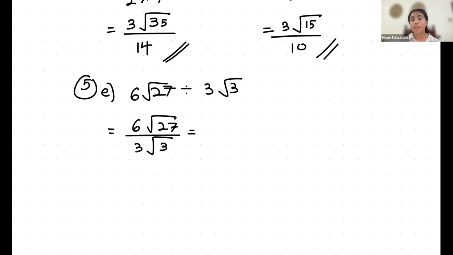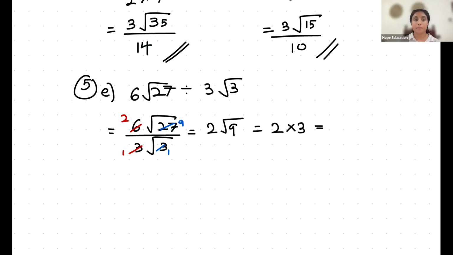You divide the number outside separately, and divide the number inside the square root sign separately. Outside, 6 divided by 3: 3 times 1 is 3, 3 times 2 is 6, so outside we are left with 2. Inside, 3 times 1 is 3, 3 times 9 is 27, so we are left with root of 9. And you already know the value of root 9 is 3. So the answer is 6.